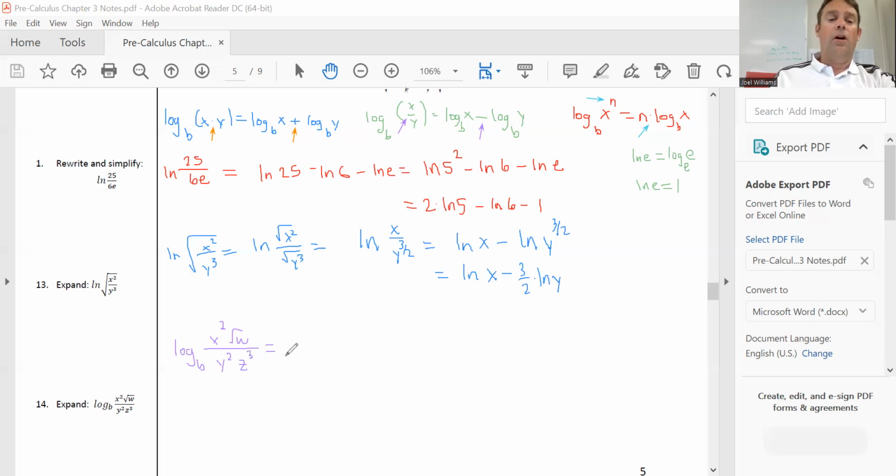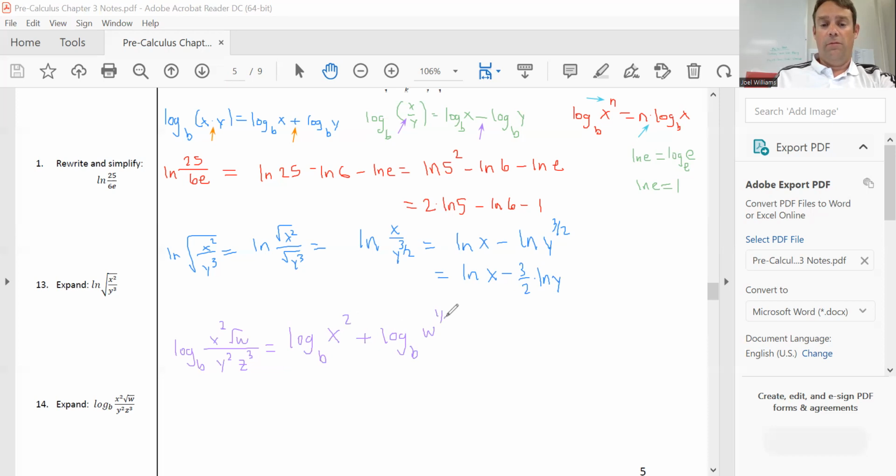So every log in the numerator is like multiplication. So we're going to separate it with addition. So log b x squared plus, now that root w, I'm going to change it to an exponent. So remember that the square root is the same thing as the exponent to the 1/2.